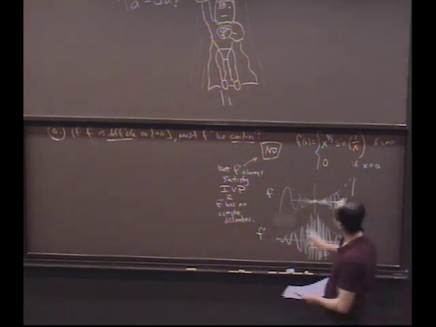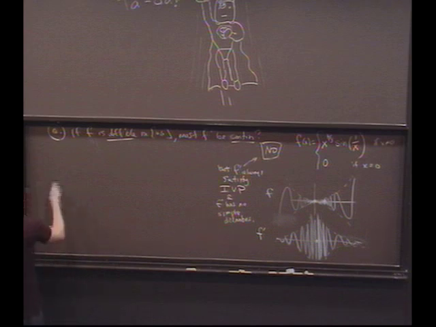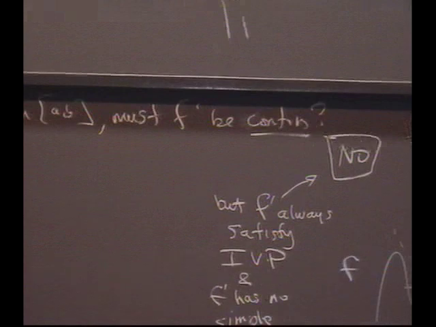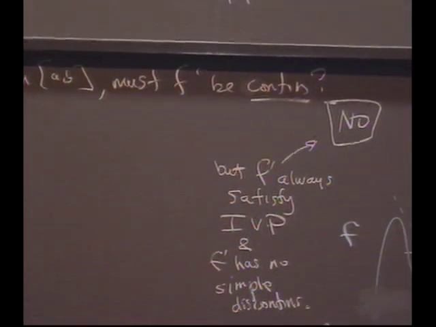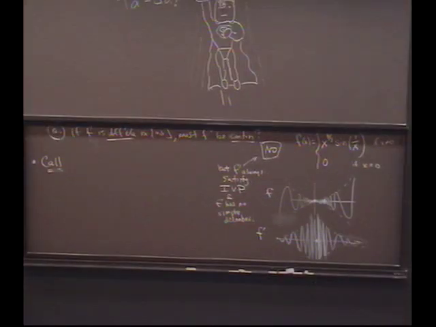This actually points out something worth mentioning, and that is we have a name for functions whose derivatives are continuous. Because the derivatives aren't necessarily continuous, are they? This is not in your book, but it's terminology that's become very standard.